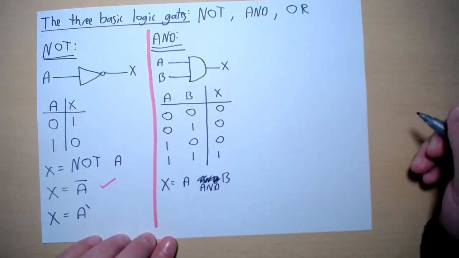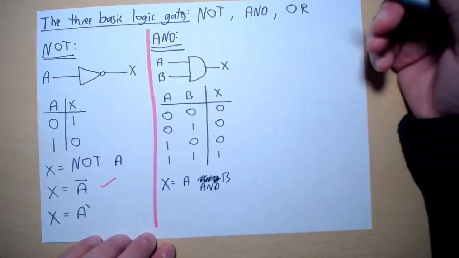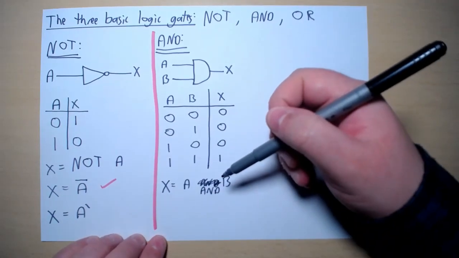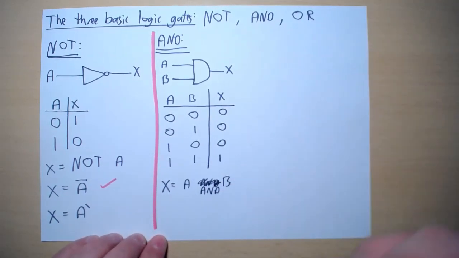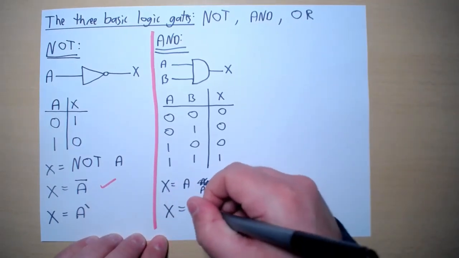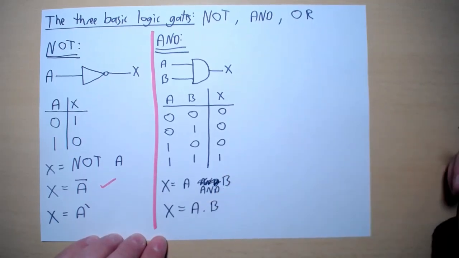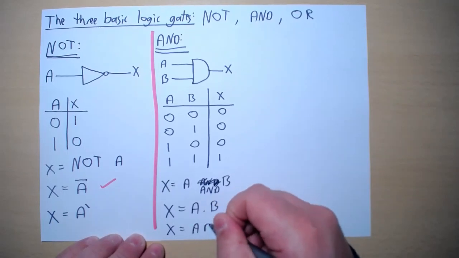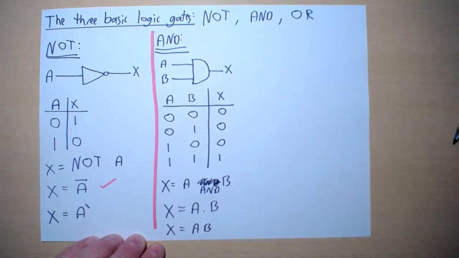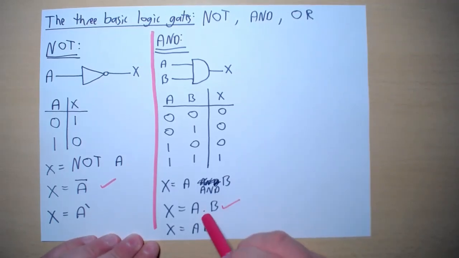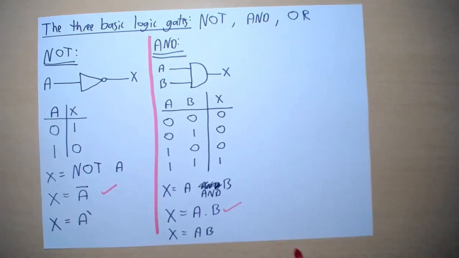If we are using this to work out Boolean algebra questions, however, it's better if we use the Boolean algebra symbol, which is the dot. It's shorter. So X equals A dot B. Sometimes if you write X equals AB without the dot, it will be accepted as well. However, it is better if you stick to this method and always use the dot.